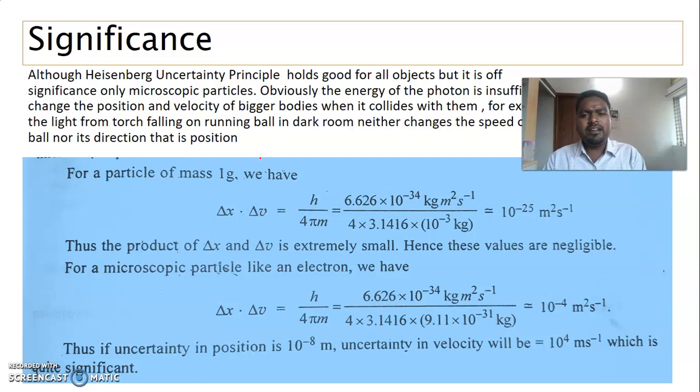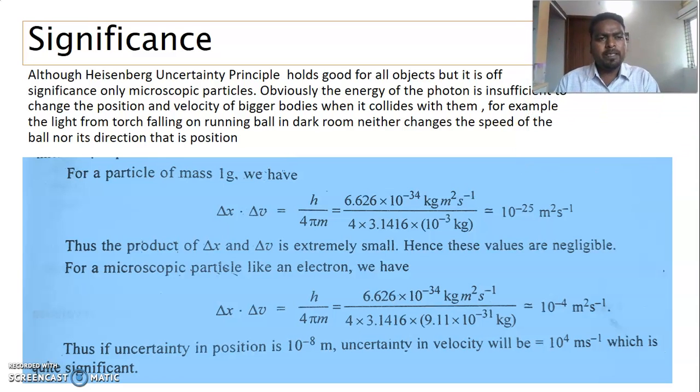For example, let us consider the previous example. We understood that if you attempt to identify the position as well as momentum of an electron using a microscope, you pass light, because to observe the particle you need light.